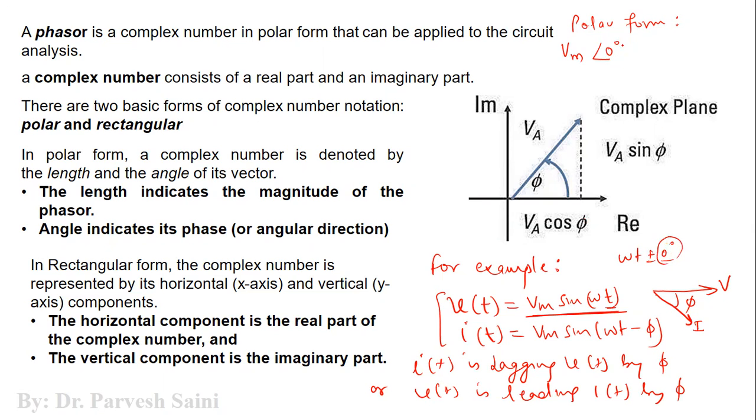This angle represents the phase basically. So this represents the peak value of voltage, and this represents the phase of voltage, or the angular displacement of the voltage with respect to the reference phasor, right?